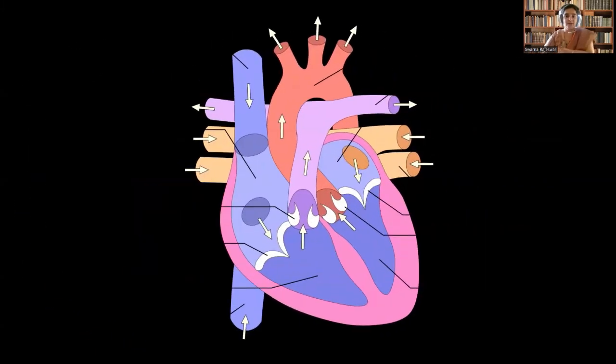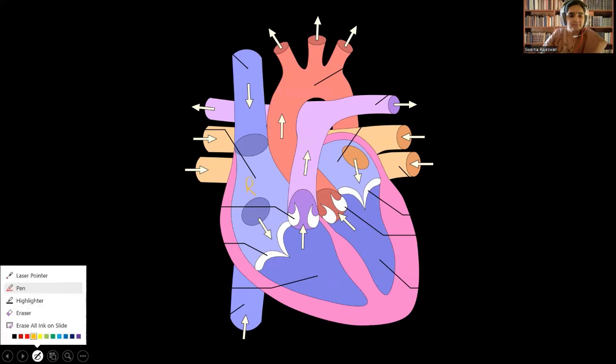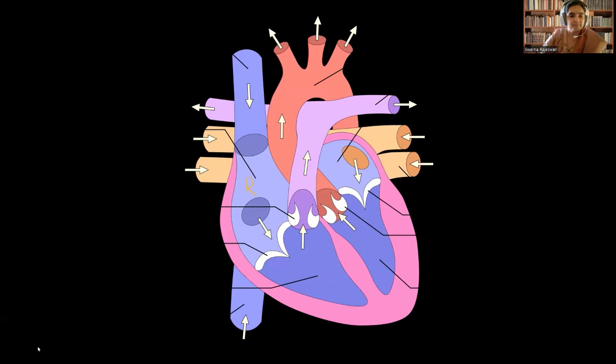So before going into our topic, just revise what the different chambers, arteries, veins, and the names of the valves present in our heart are, so that it will be easy for you to remember. So this is the right auricle, this is the right ventricle, this is the left auricle, and this is the left ventricle.